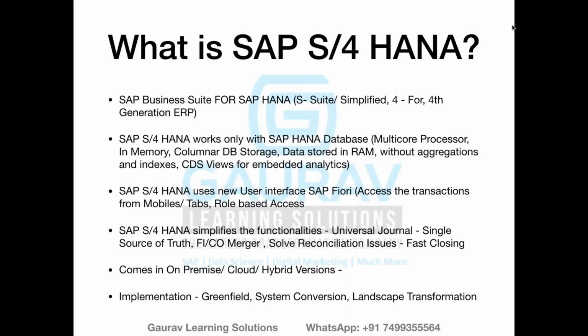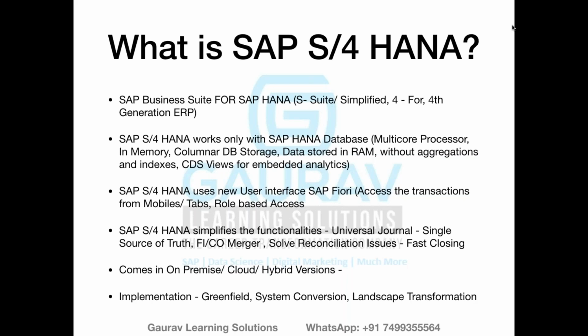And I think we all know from our school college days that there is a difference between the hard disk and the RAM. RAM is 1,000 times faster than storing the data in the hard disk, right? And that is the reason SAP HANA, instead of using hard disk to store the data, uses RAM to store the data.